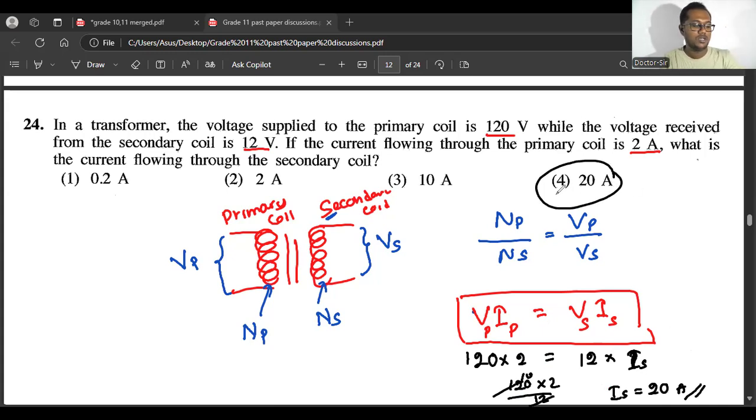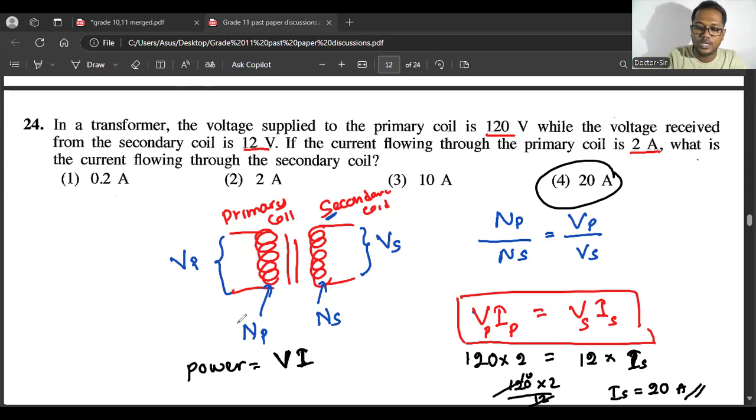Okay, right. So power is equal on both sides. That's why the power we can take as the potential difference, voltage difference, in the primary coil or any other coil, multiplied by the current of that side.